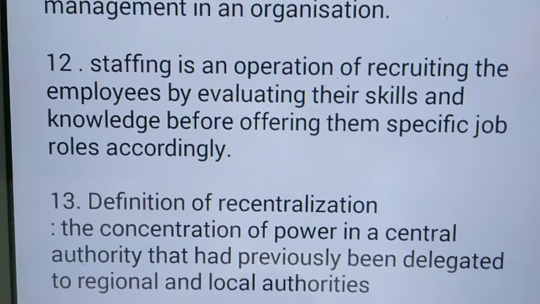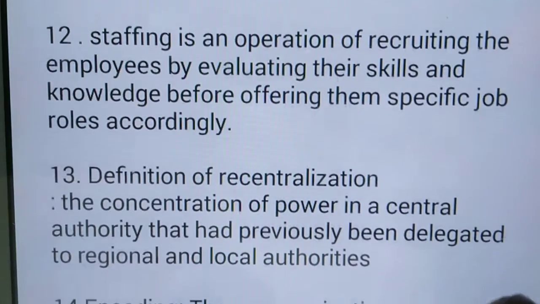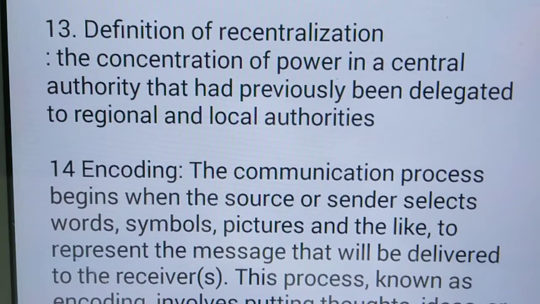Staffing is an operation of recruiting the employees by evaluating their skills and knowledge before offering them specific job roles accordingly. Definition of decentralization: the dispersal of power from a central authority that had previously been delegated to regional and local authorities.